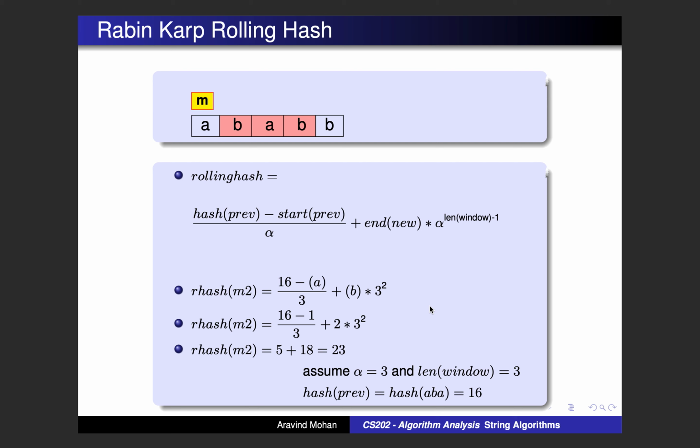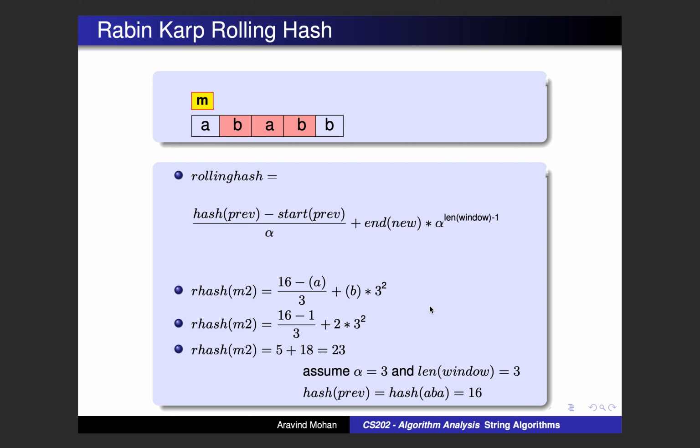We take the hash of the previous window and subtract the start of the previous one, in this case A, then divide that by alpha, the prime number, and add the end of the new window times alpha to the power of the length of the window minus 1. The length of the window here is 3.